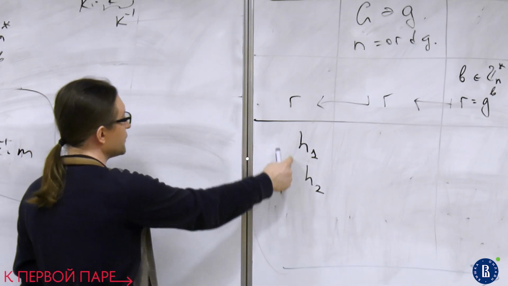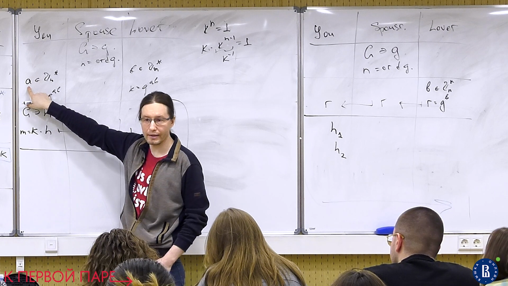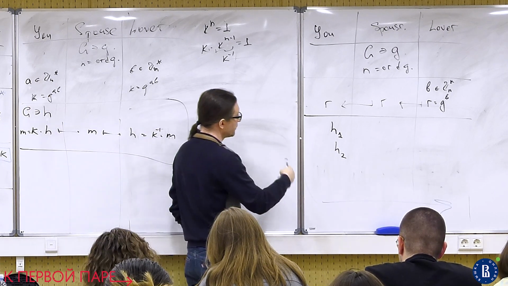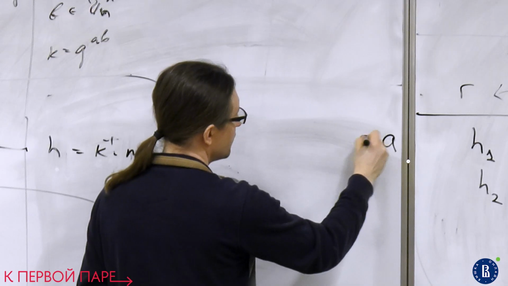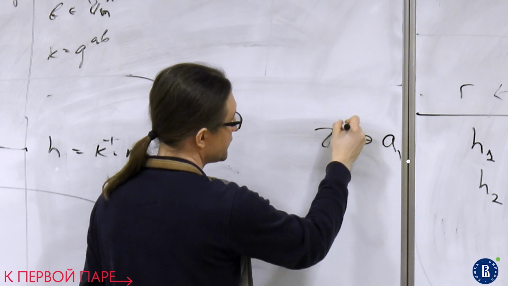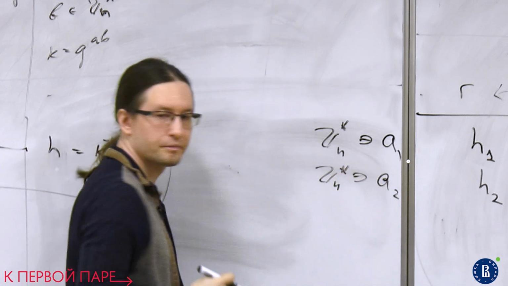For each element here, you want to produce this secret number a. So you randomly choose, in this particular case, two random elements: an element a1 from Zn star and an element a2 from Zn star.